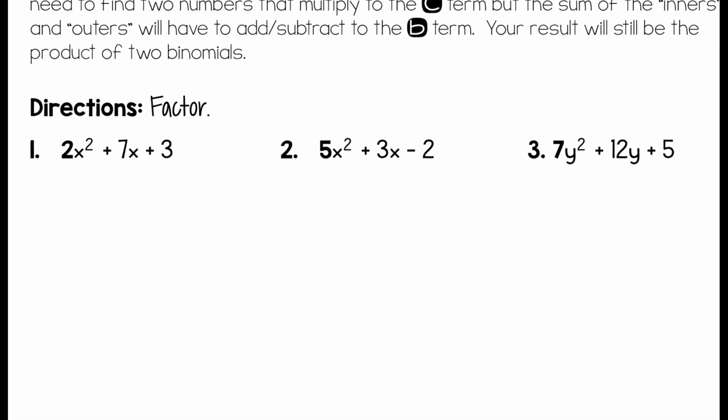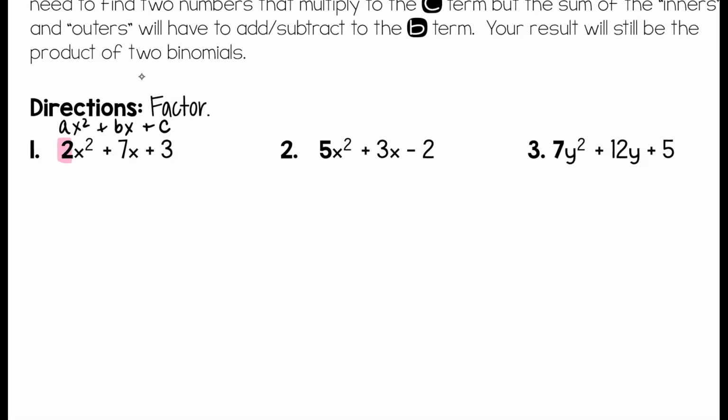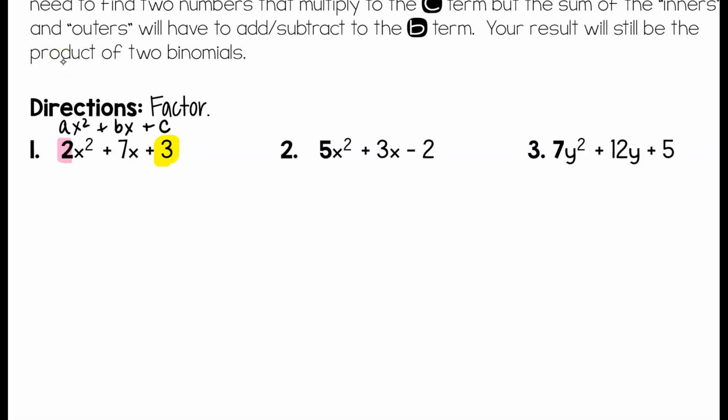If you notice, as far as our standard form goes, our A value is not 1, it is 2. So this is going to change our procedure just slightly. We still need to look at our C value, but unlike the other day, the numbers that multiply to 3 are only 1 and 3, and if you notice, 1 and 3 will never add to 7.